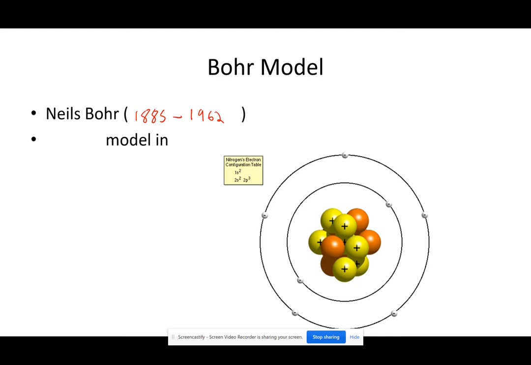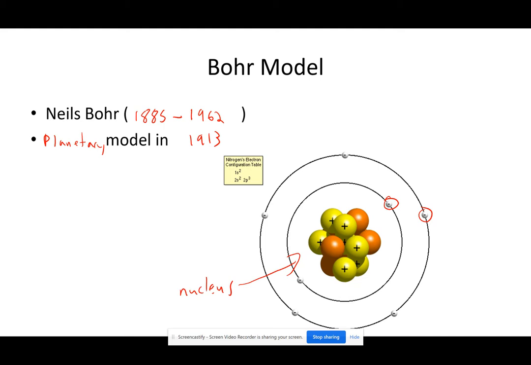And he developed the planetary model. He was the first to propose this in 1913. And in that model, it proposed that atoms have a nucleus and that they're orbited by electrons, that they go around and around.